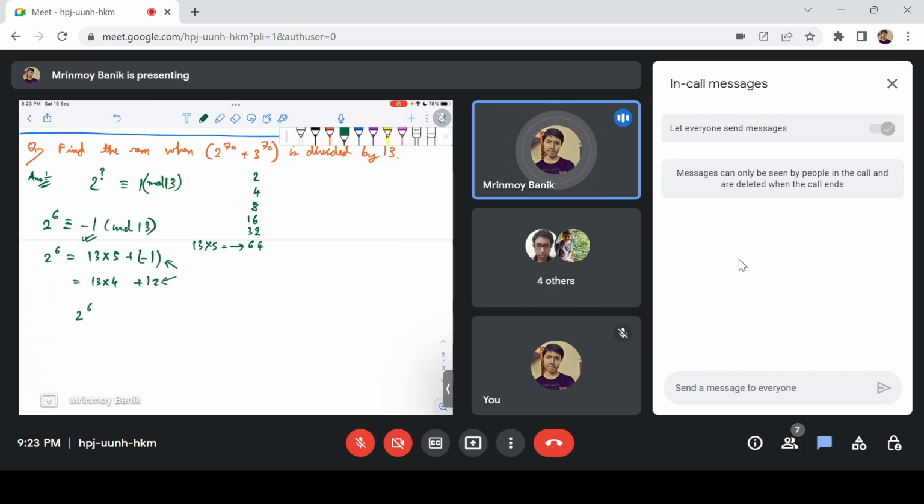So 2 power 6. Now let's divide 70 by 6. 6 elevens are 66. We get a remainder of 4.